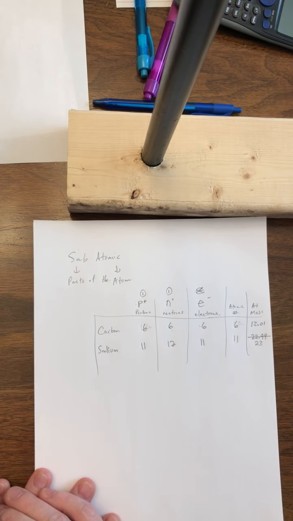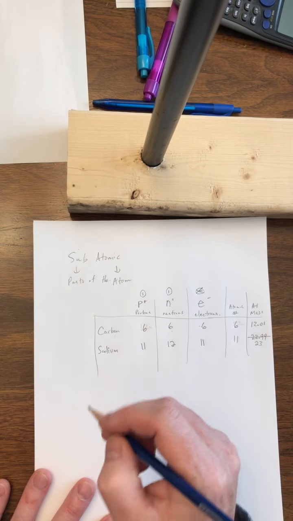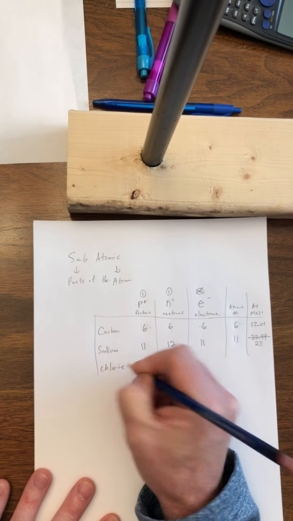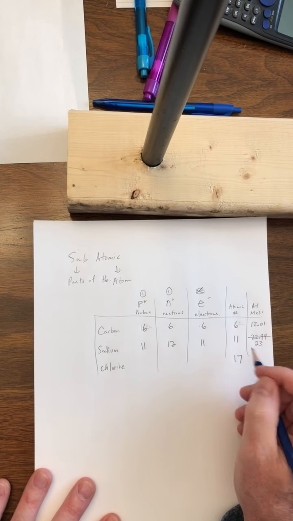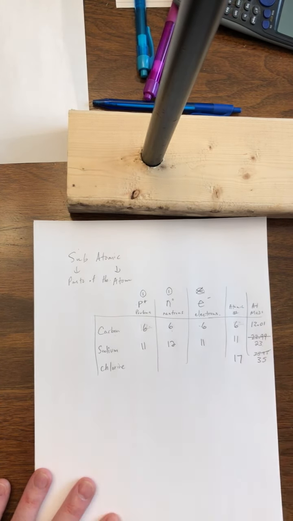And I'll do one more with you. Let's do chlorine. Chlorine has atomic number of 17 and a weight of 35.45, which we're going to round to 35. I guess rounded down.